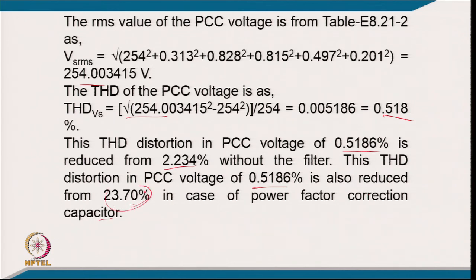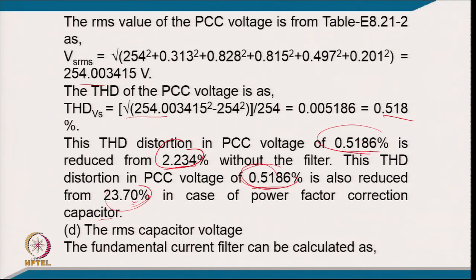So, in resonance this was the TAD, without filter this is the TAD, and now with the passive filter this is the TAD. You can clearly see that from without the filter it is reduced to this, but from resonance it has gone to this.